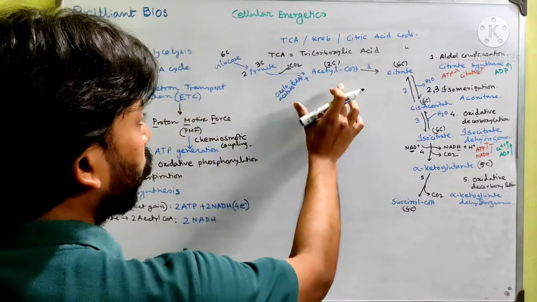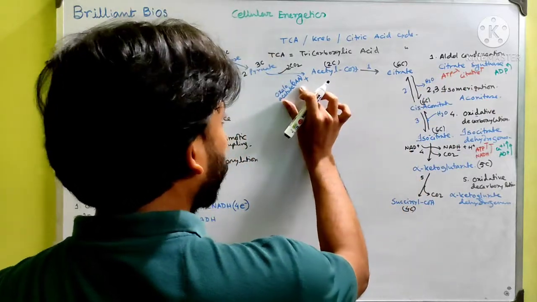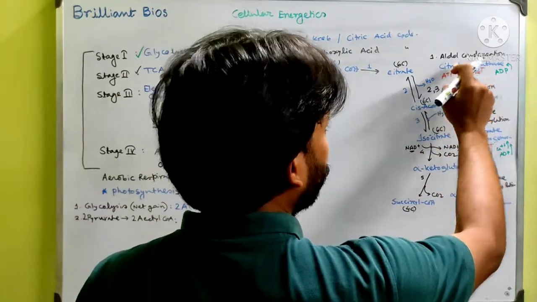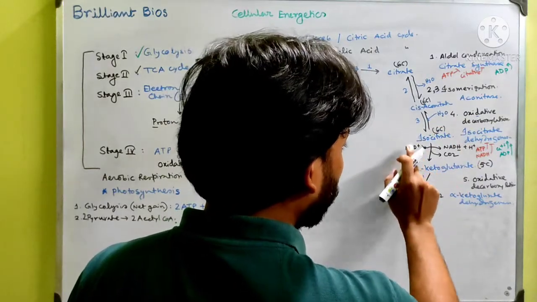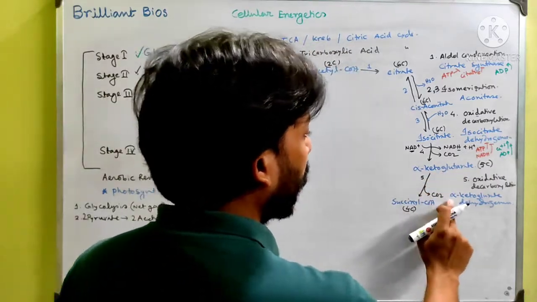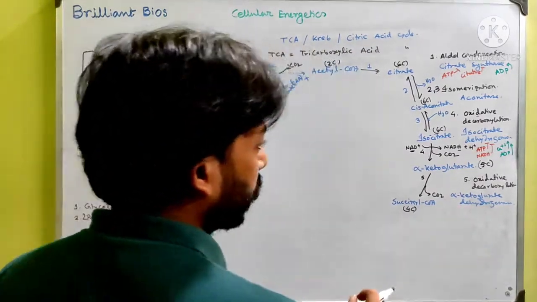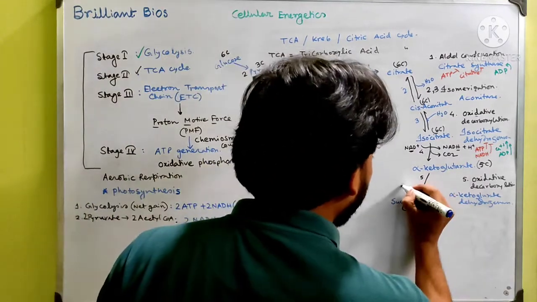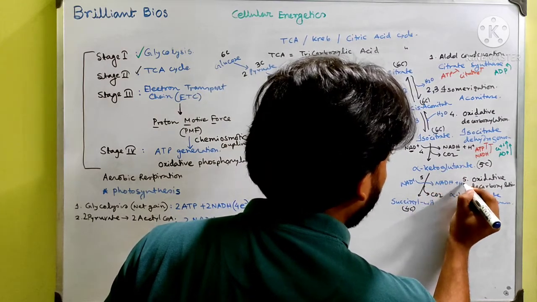You see here that when any product is produced, the name of the enzyme often goes through the product, like oxaloacetate plus acetyl CoA producing citric acid, and this is called citrate synthase. Now here aconitase doesn't actually match this rule, but you can see isocitrate to alpha ketoglutarate we call isocitrate dehydrogenase. From alpha ketoglutarate to succinyl CoA we call it alpha ketoglutarate dehydrogenase. Now the dehydrogenase exchanges the hydrogens with NAD plus and releases NADH.